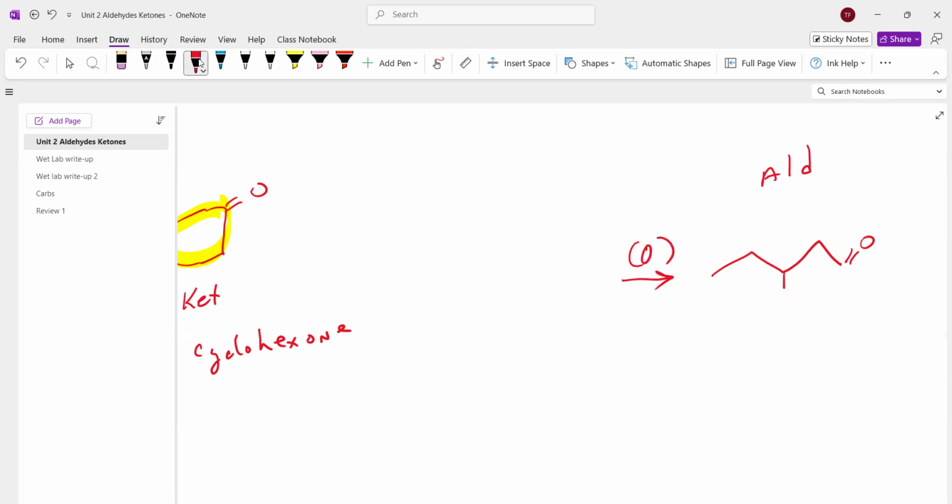Okay, so let's name this guy here. 1, 2, 3, 4, 5. And it's an aldehyde, so it's a pentanal with a methyl branch at carbon 3. So that's 3-methylpentanal. Okay, and we're going to keep the backbone.